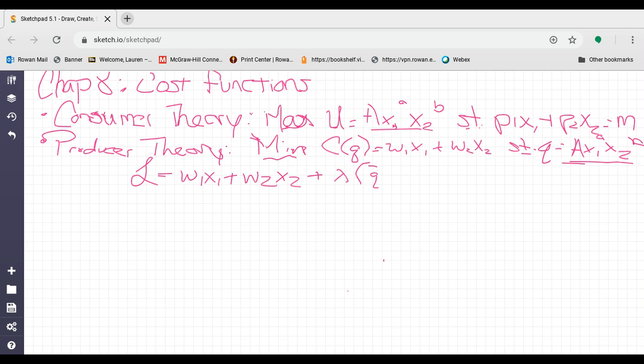And remember, we wanted the constraint to be equal to 0. So I'm just going to subtract the technology that we have here, A X1 to the alpha, X2, sorry, to the beta. So this is how our new Lagrangian would look.